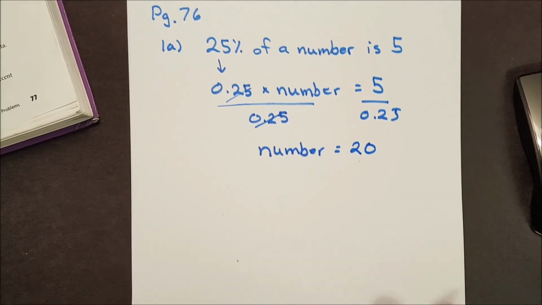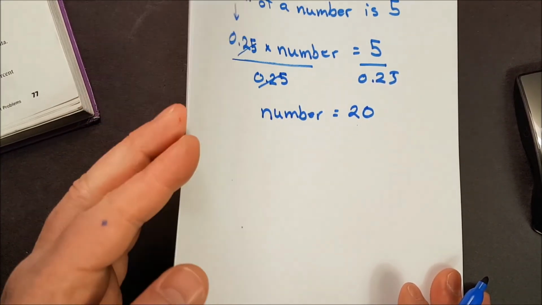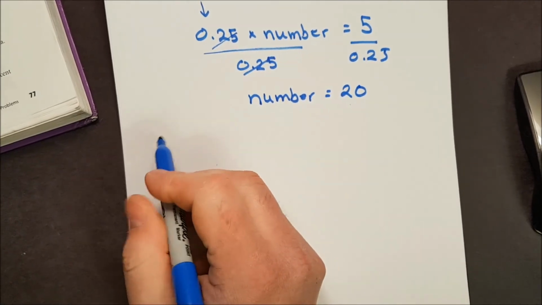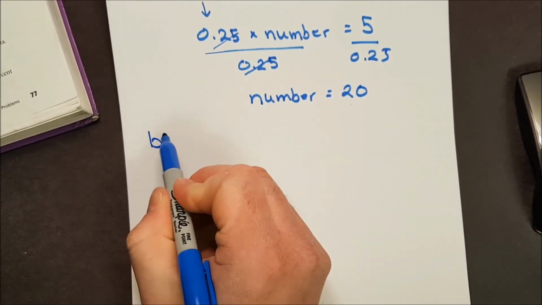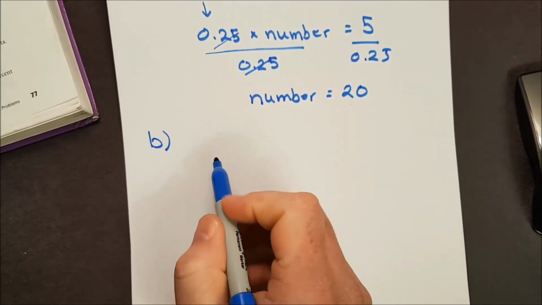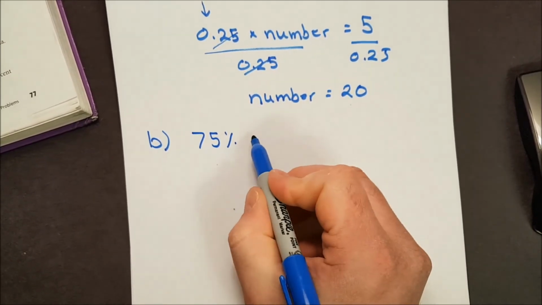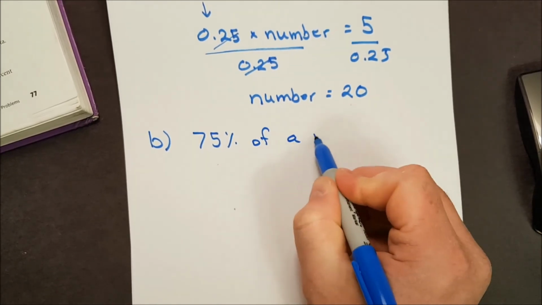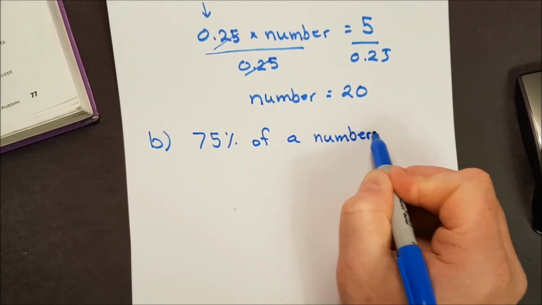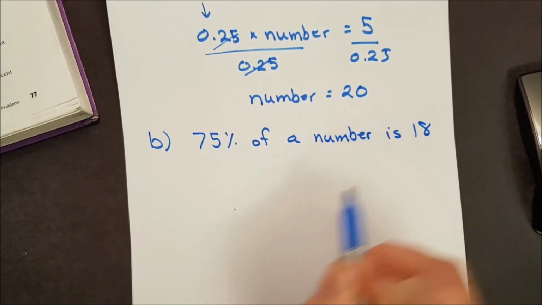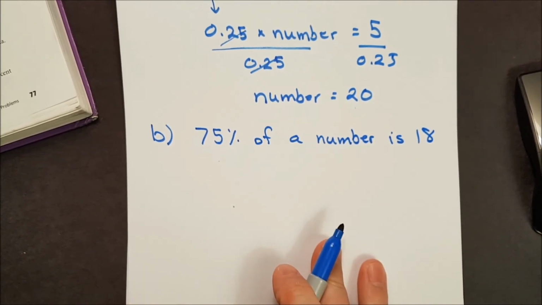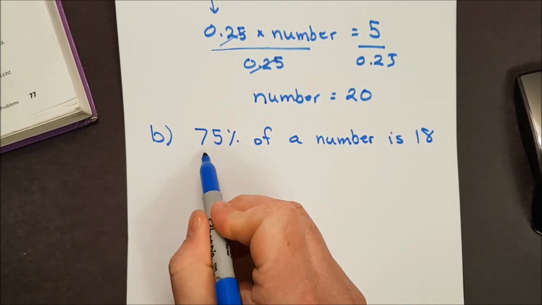Okay. And let's do 1b in a more streamlined, faster method here. B, 75% of a number is 18. Okay, well, let's change this.